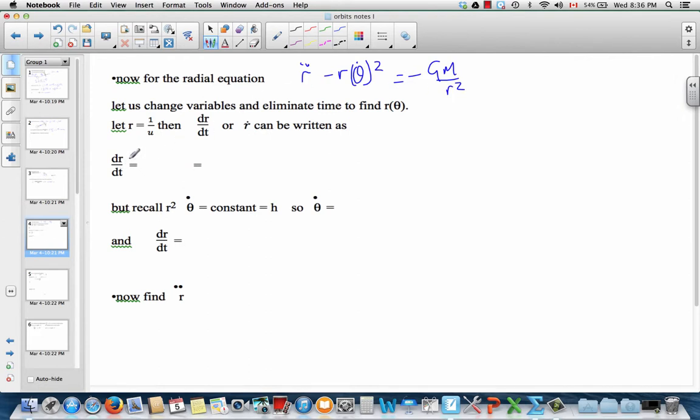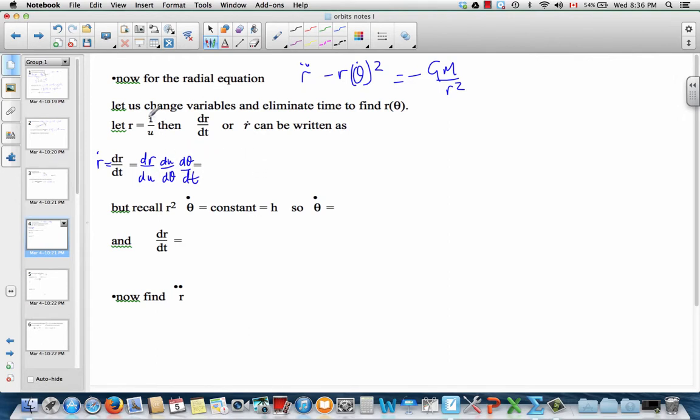So first, let's do R dot. That'll be dr dt, so we're differentiating this. We can write that as dr du times du d theta times d theta dt.